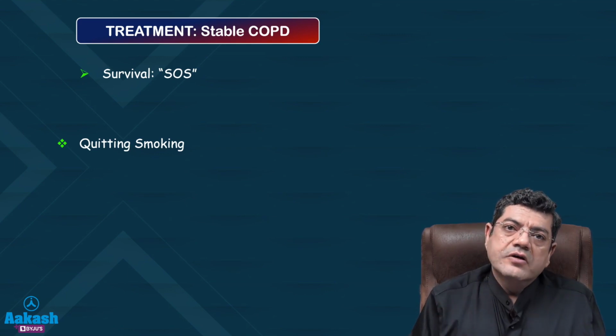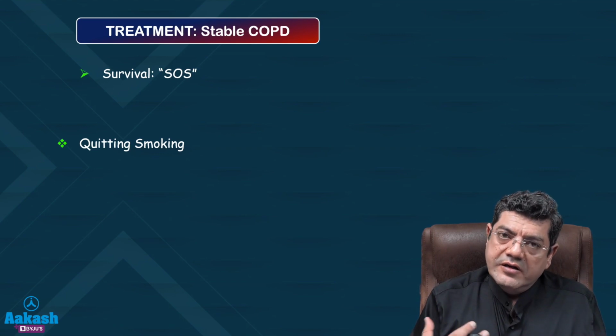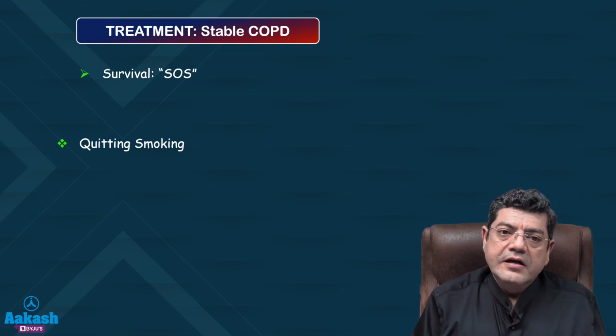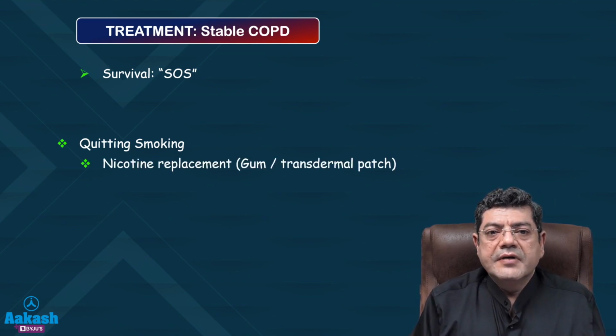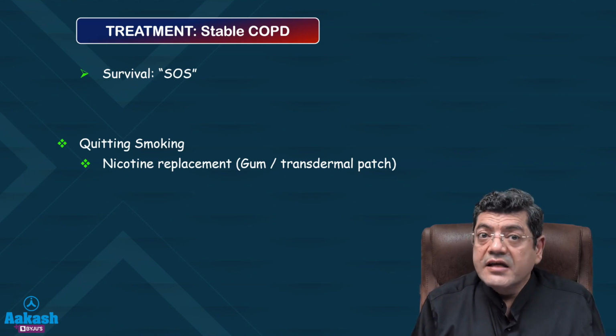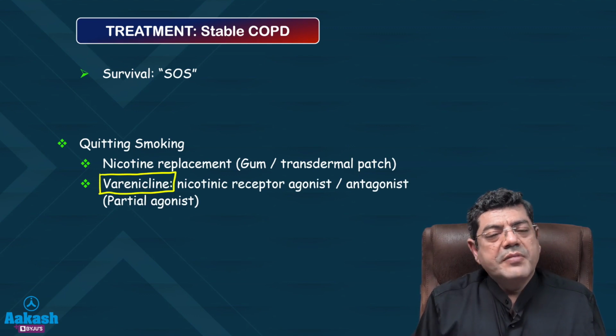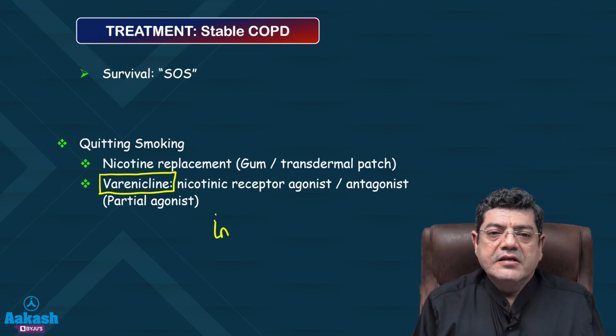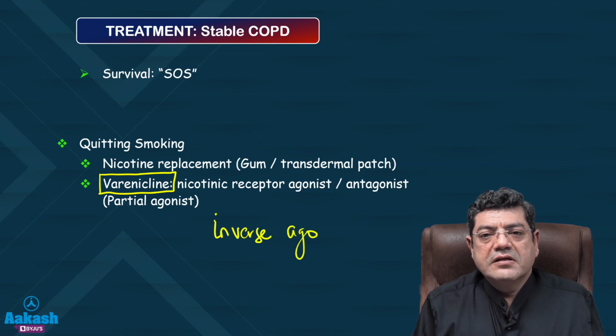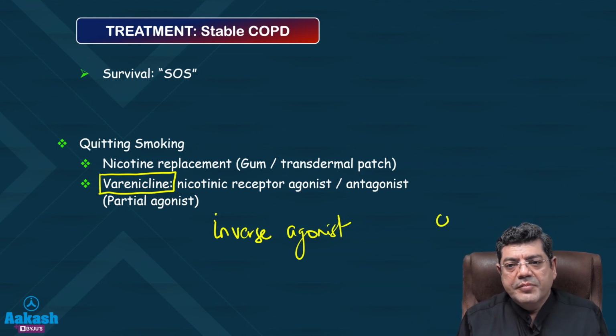You need to give them nicotine replacement therapy. You might need to give them a partial agonist at the nicotinic receptors, and that drug is called varenicline. What does a partial agonist do? A partial agonist is also called an inverse agonist, right? What that means is it will bind to the nicotinic receptor.